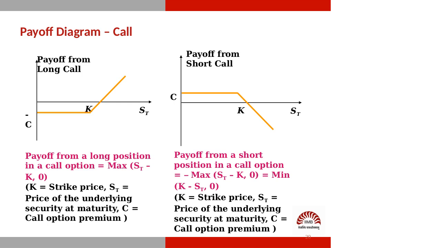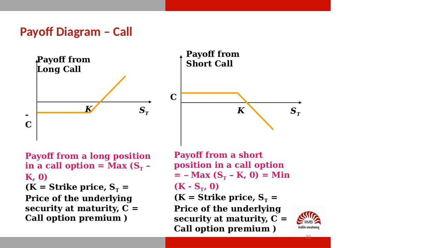But realize, if you don't want to exercise the contract and you want to buy it outside, you will pay 104 to buy the asset. You've already paid 10 as premium, so your net cost will become 114. So effectively, your price becomes 114 in one case, and in the other case, you're going to pay 110. In one case, your loss relative to the market price is 6. In the other case, your loss is 10.